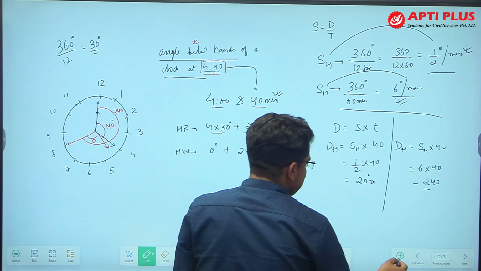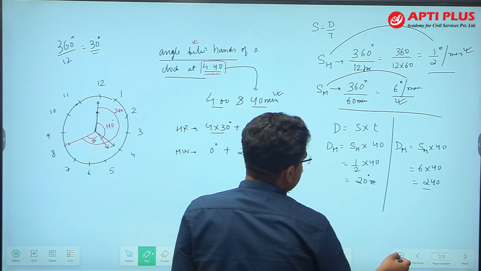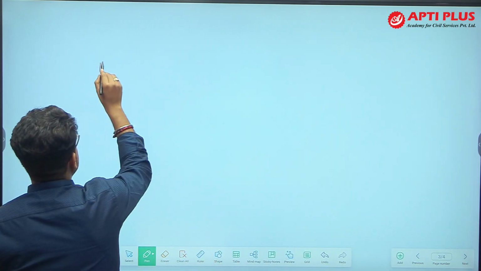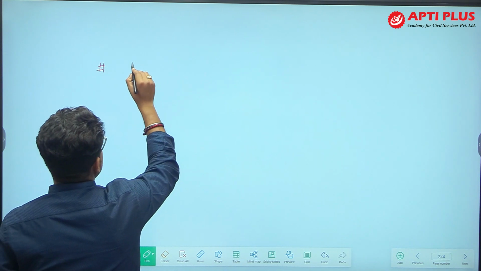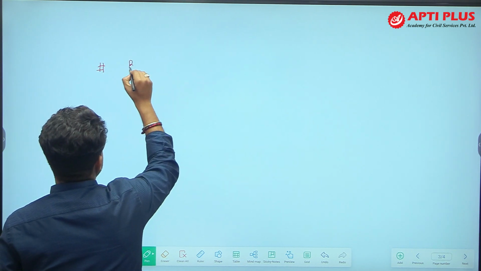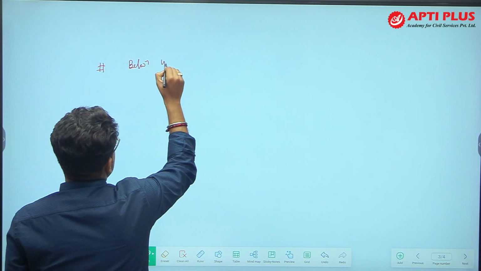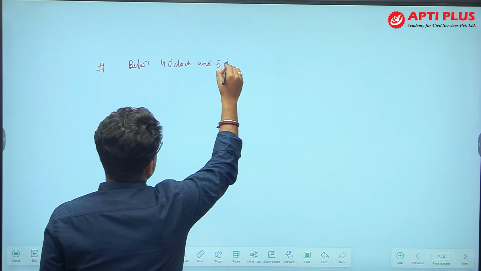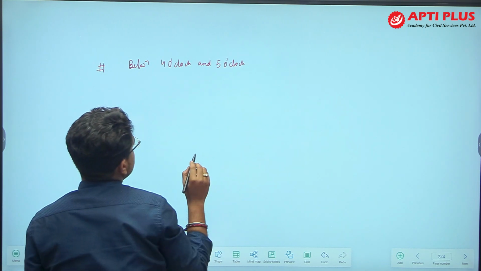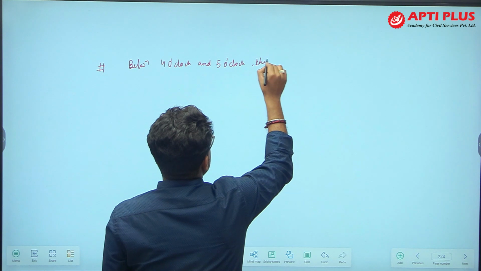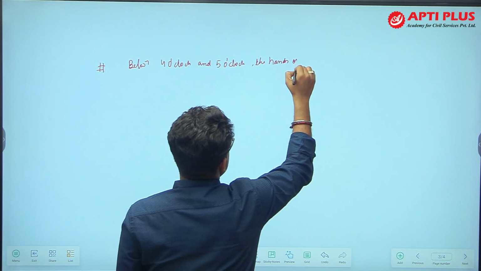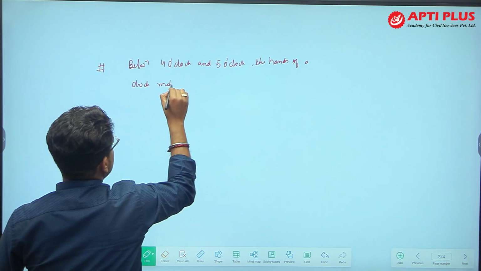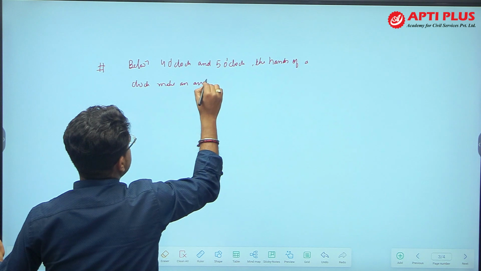The second part is a little bit more interesting and intriguing, because for example, if I ask you a question: between 4 o'clock and 5 o'clock, the hands of a clock make an angle of 100 degrees.